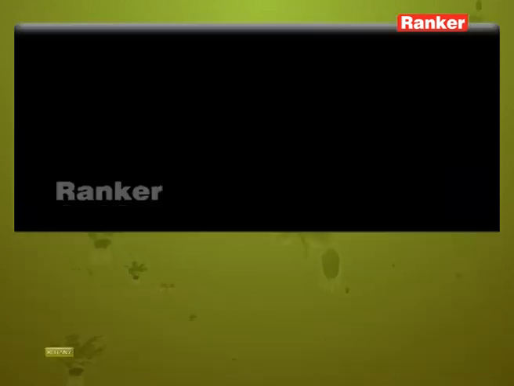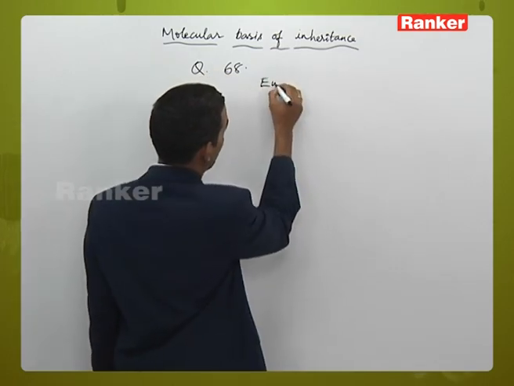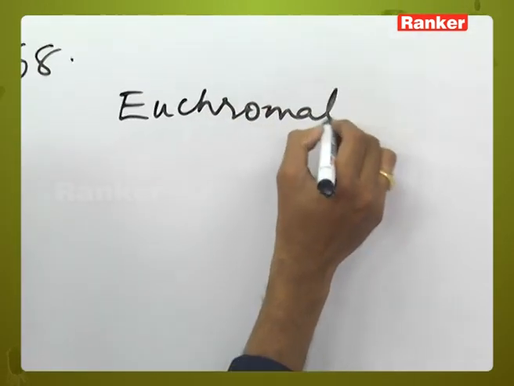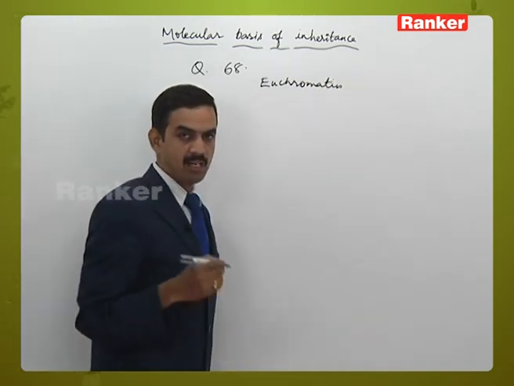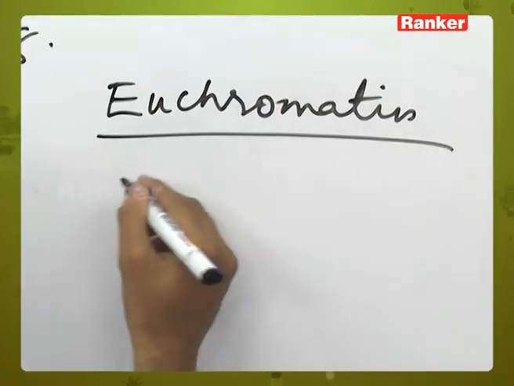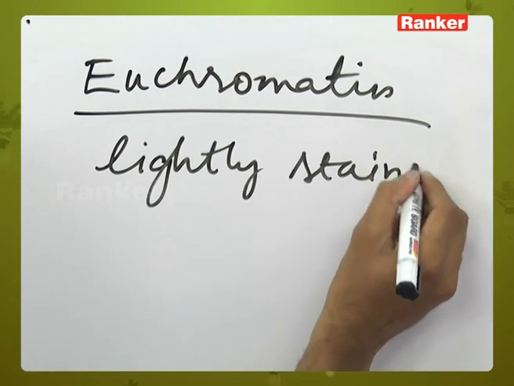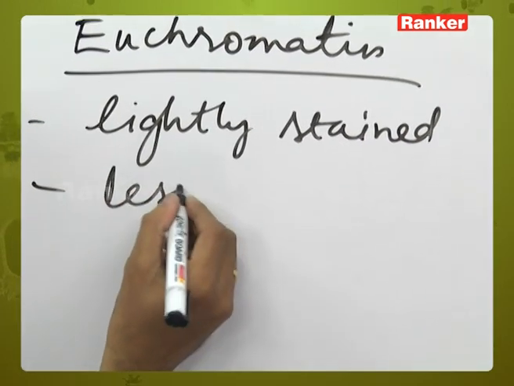Question number 68, euchromatin is: 1. Transcriptionally inactive chromatin, 2. Darkly stained part of the chromatin, 3. Transcriptionally active chromatin, 4. Divide of exons in eukaryotes. So here it is related to the euchromatin part. Euchromatin is the part of the chromatin that is lightly stained, where fewer coilings are present.